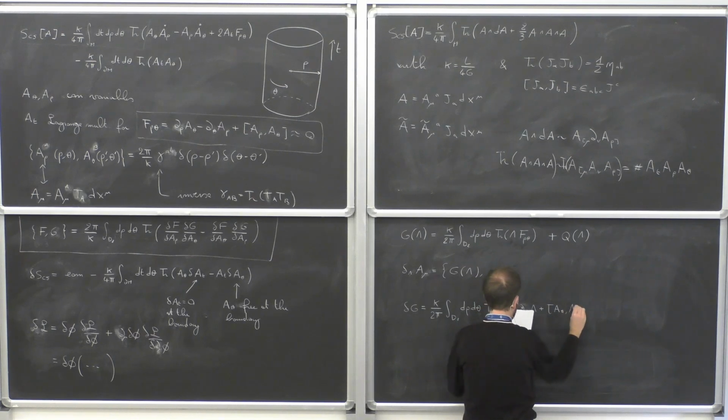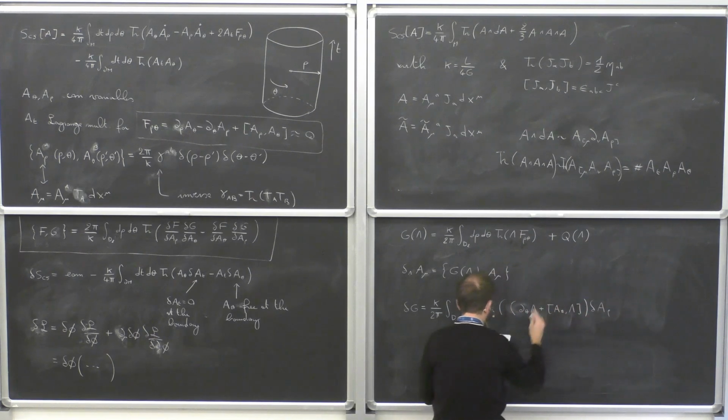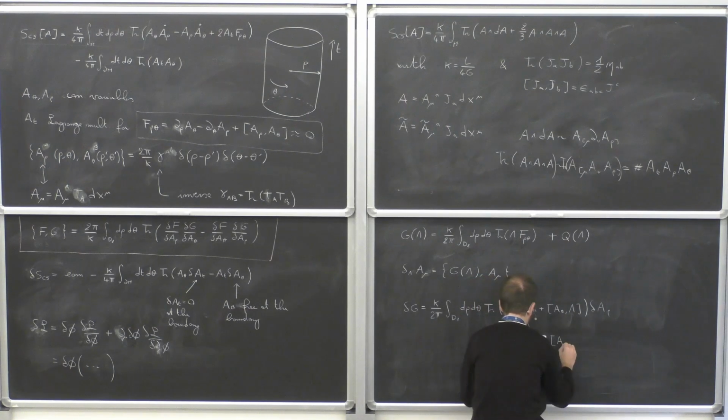So this is a computation that I invite you to check, because it's the way in which you really verify that what I've written, so that this guy is the generator of gauge transformation, is really correct.